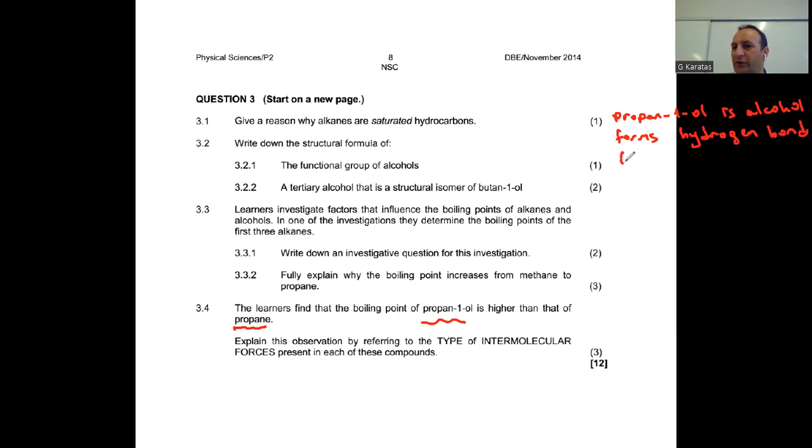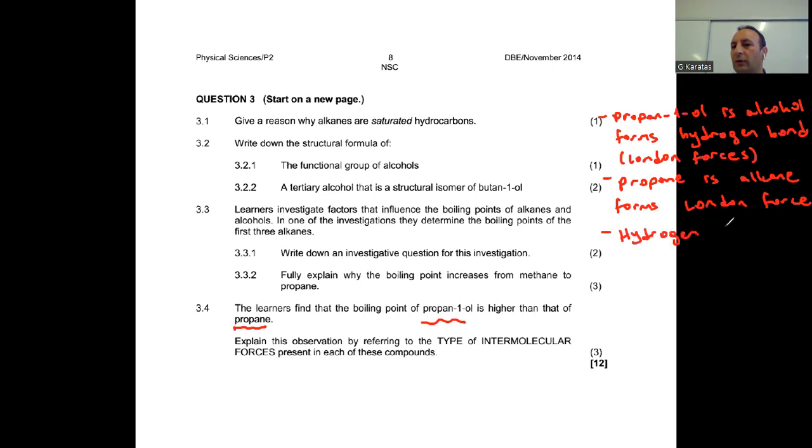Remember, there is an extra force here, which is London force as well. If you want, you can mention this too. But if you don't, it's not a problem. And what do we have? Propane. Propane is an alkane, and it forms London forces only. Here then, hydrogen bonds are stronger than London forces.